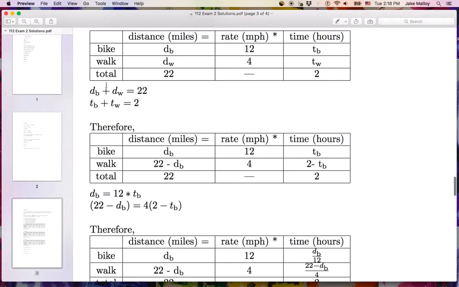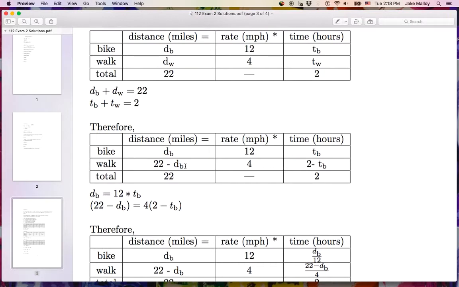So now, given that d sub b plus d sub w equals 22, I could rewrite that and say, well, d sub w must equal 22 minus d sub b if I subtracted d sub b on both sides. So instead of writing d sub w here, I can write 22 minus d sub b.